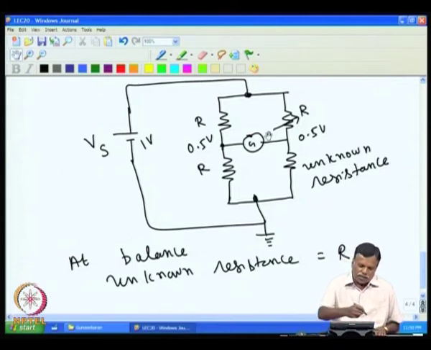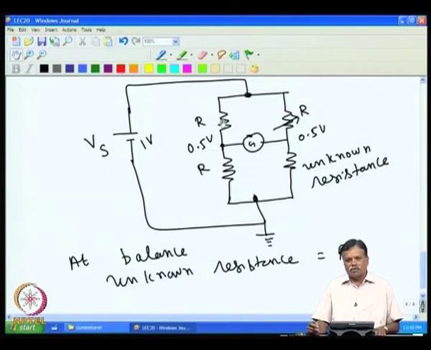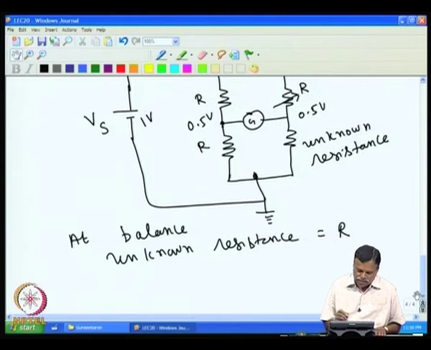So, let us see why it is so accurate. Now, when they used this bridge, normally they used these resistances, mostly Constantan wires, or they go for manganin wires. Manganin, if used as a resistance element, has a very low temperature coefficient. The temperature coefficient of manganin wire is only 10 ppm per degree C. So, mostly they use manganin wire.